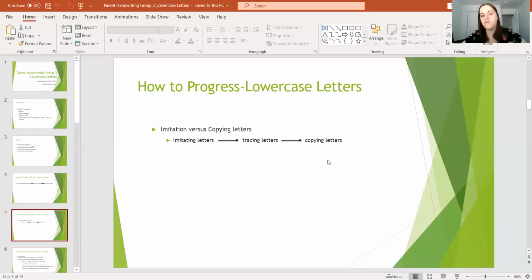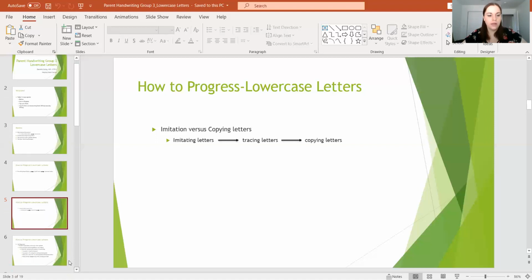The letter is already in front of them. They're not watching you make it, and then they're copying it from that paper copy. So when we say master, the kiddos are moving from imitating to tracing to copying. So when kiddos are able to write their letters from a copy is typically when they've mastered that letter.